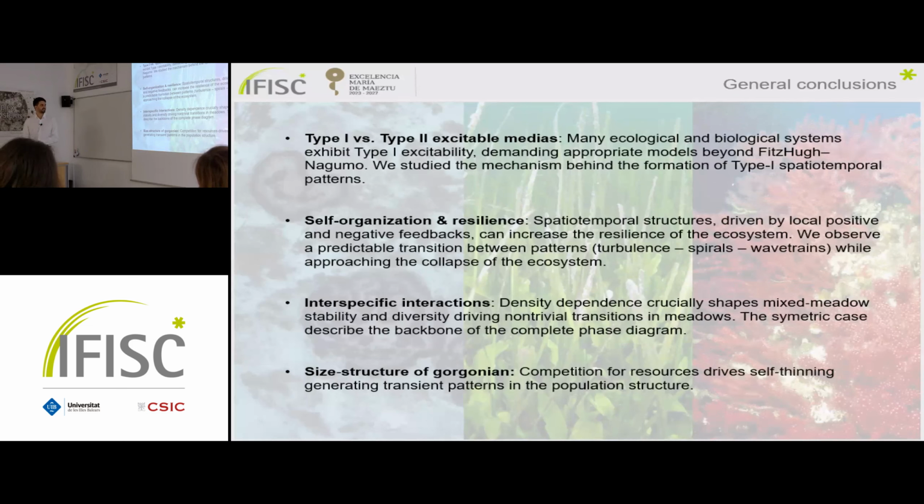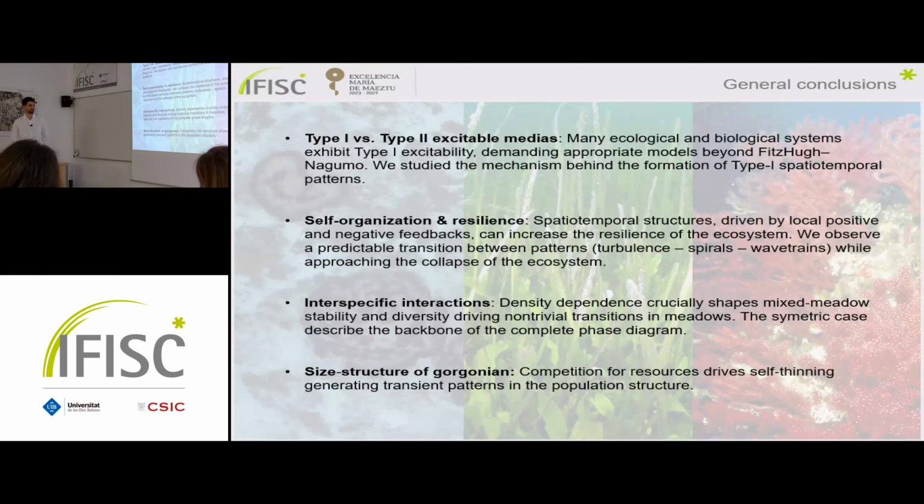Regarding the interspecific interaction, we study this density-dependent interacting system between two different plants. This kind of interaction can drive non-trivial transitions in the system.